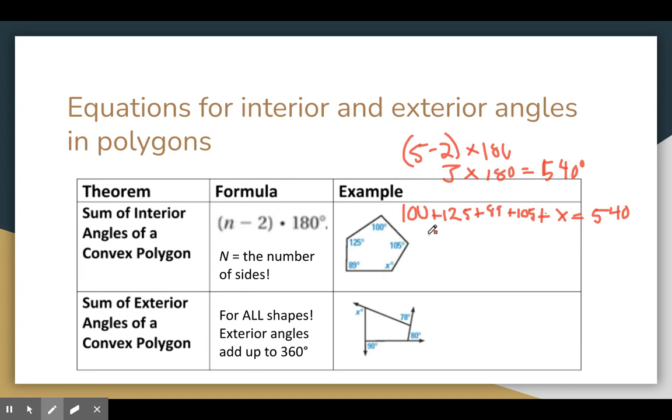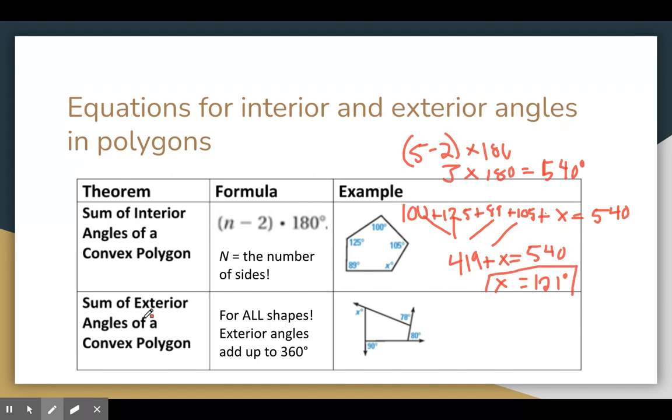All right, so I'm going to use my calculator here. 100 plus 125 plus 89 plus 105, all of those combined, that gives you 419 plus x equals 540. And then if we subtract 419 from 540, we get that x is equal to 121 degrees. So we know that this angle here could be 121.